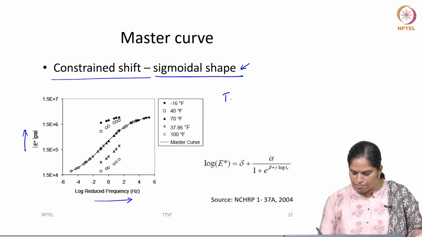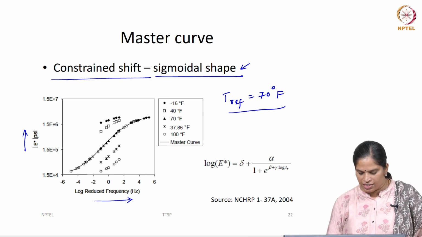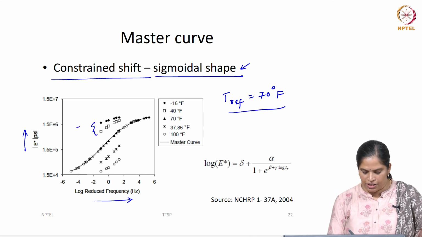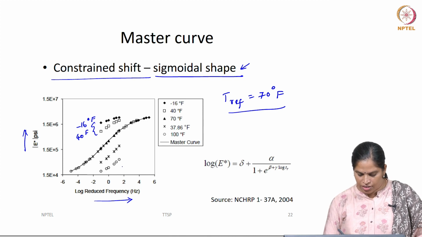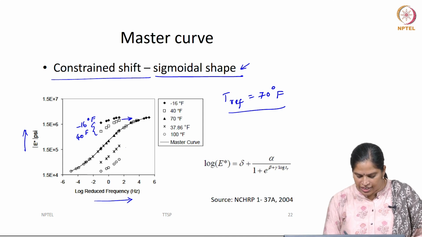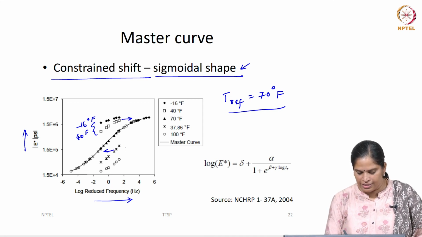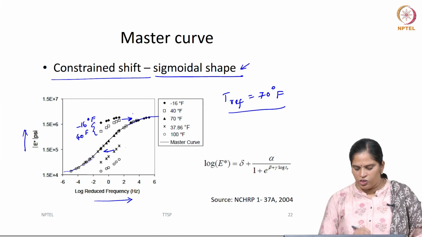We want to shift the data to a reference temperature, here given as 70 degrees Fahrenheit. You have low temperature data at minus 16 degrees F and 40 degrees F, and higher temperature data here. If you want to shift this data along the marked directions, what you do is first define a curve shape and shift the data accordingly.